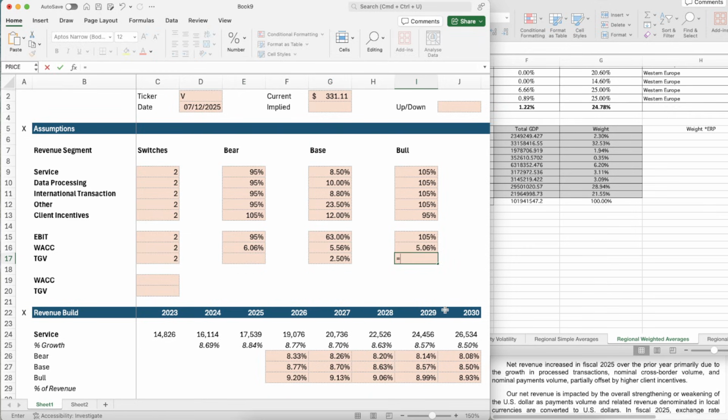We do the same for the terminal growth value, which we're putting at 2.5%. That might be a bit low, but you can put whatever figure you want in it, as long as it's lower than GDP. And by GDP, use US GDP. Okay, the WACC, you go equal choose. You take your WACC.